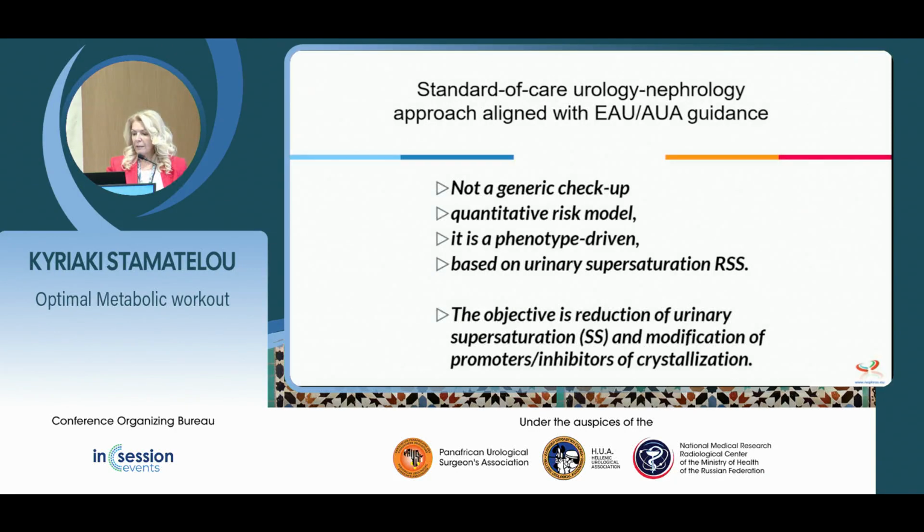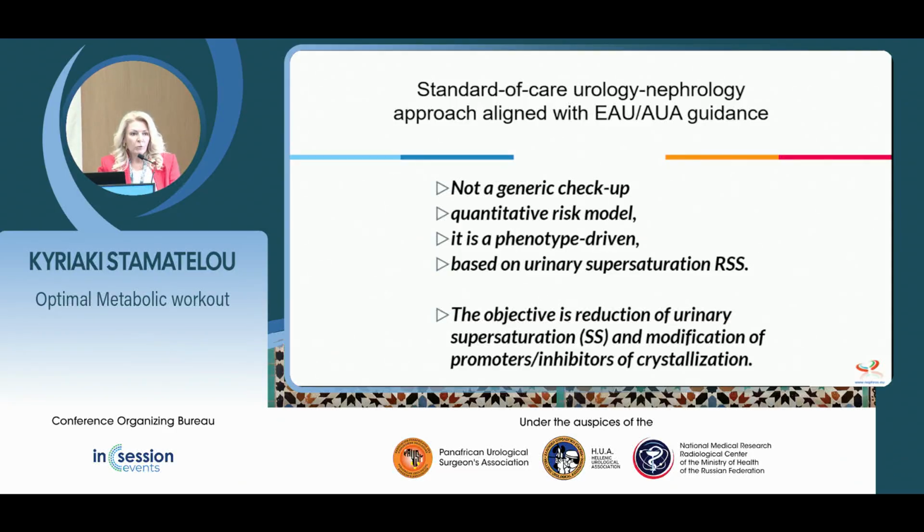And when I'm talking about contemporary guidelines, I'm talking about the standard of care, nephrology and urology approach, which is aligned with the European Association of Urology and the American Urology Association guidance. So I'm not talking about a generic checkup.